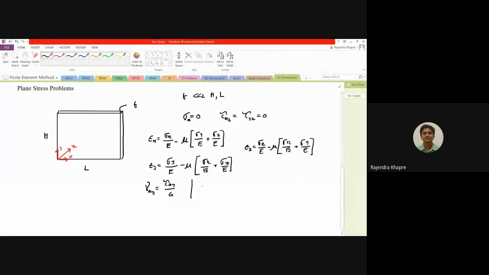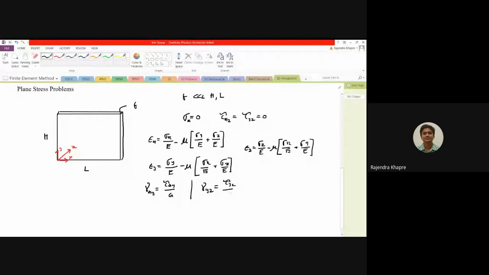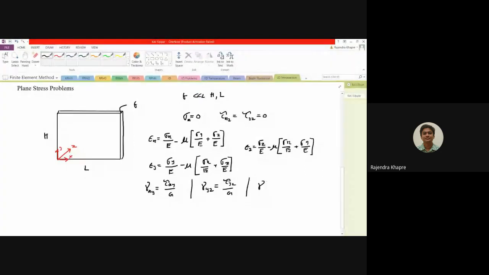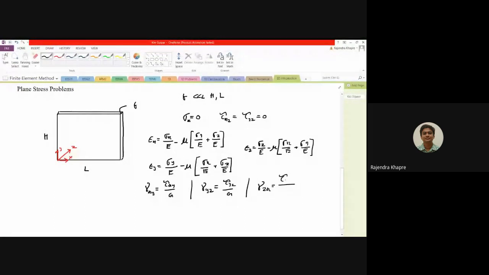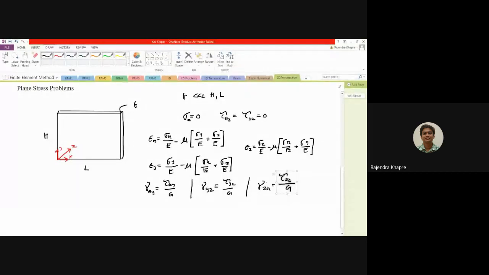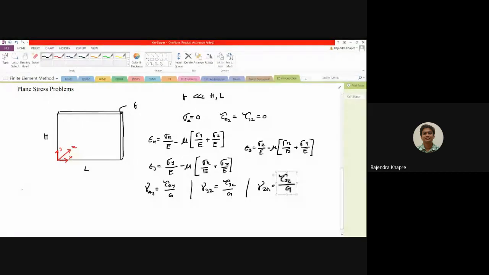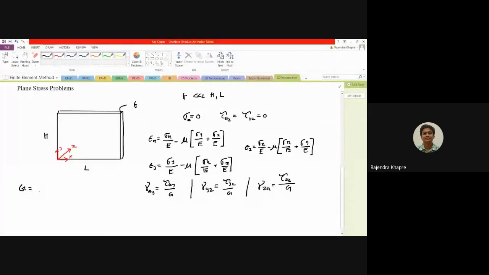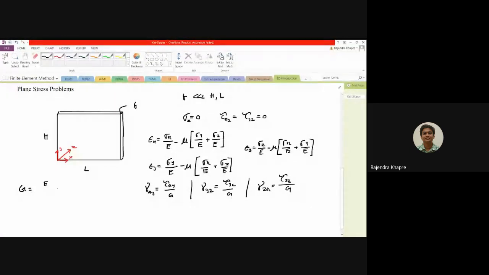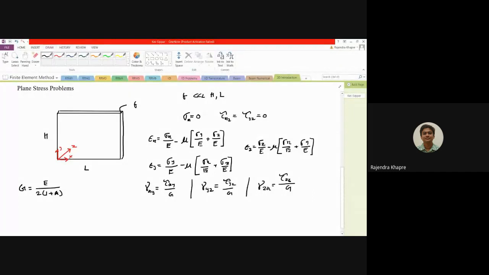In a similar pattern, we can write gamma yz as tau yz divided by G, and gamma zx as tau zx divided by G. I hope everybody remembers the expression for G. G is the modulus of rigidity and can be written as E divided by 2 times 1 plus mu. So these expressions you are already familiar with.